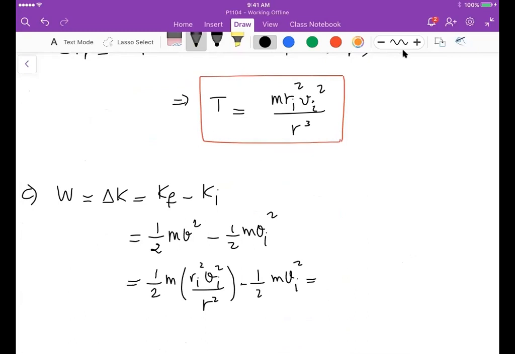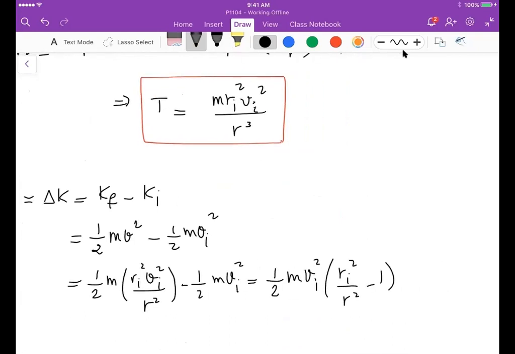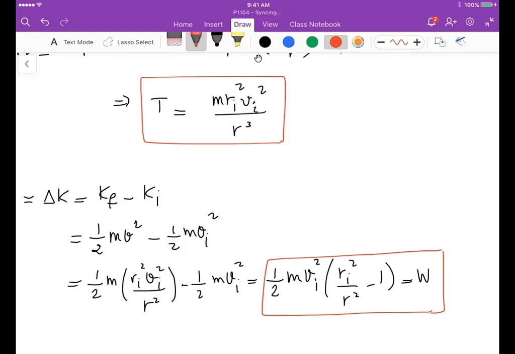If we take half M vi squared as a common factor, we get half M vi squared multiplied by ri squared over r squared minus 1. And so we end up with this expression for the work done by the tension during this motion. So this is the result that we are looking for: half M vi squared times ri squared over r squared minus 1.